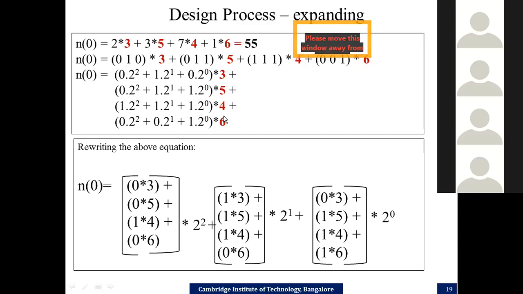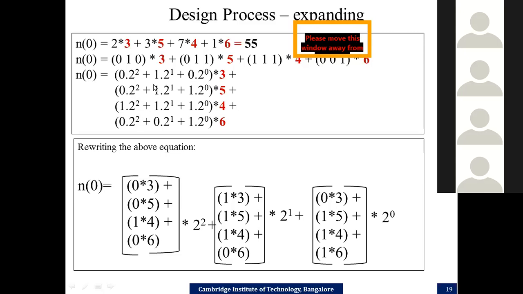Now, if you look at this expression vertically down, 2 power 0 is common in all 4 terms, and that is at the LSB. The middle bit, 2 power 1, is common. Again, at the MSB, 2 power 2 is common.